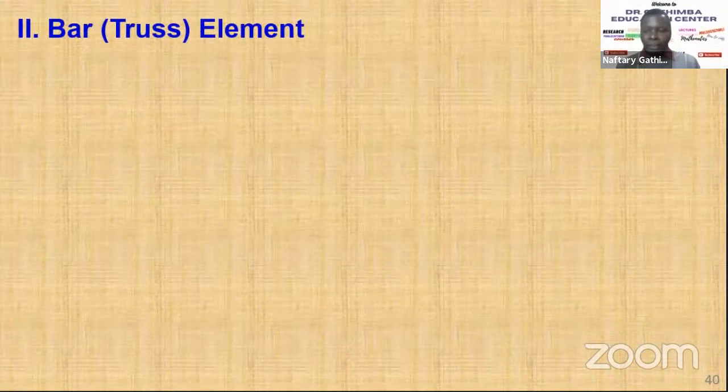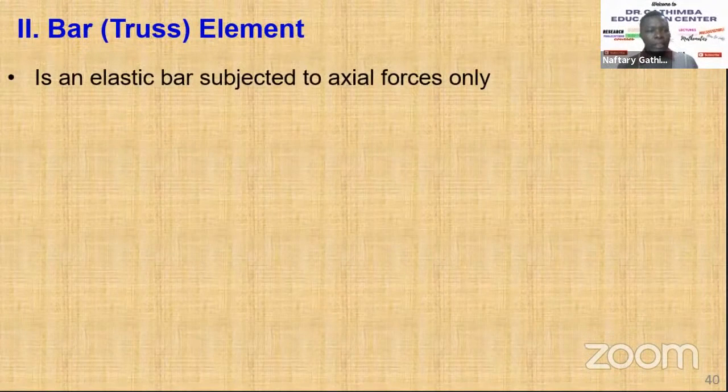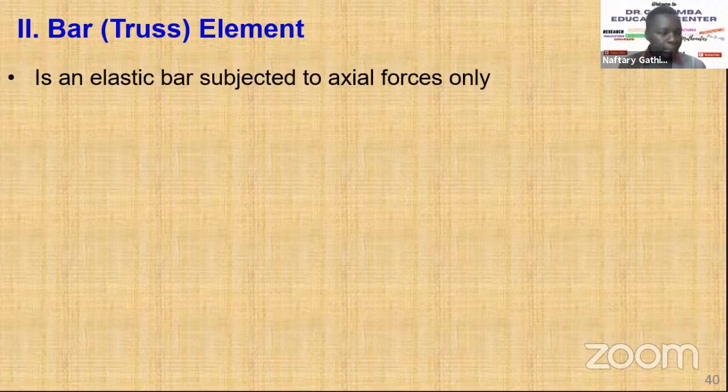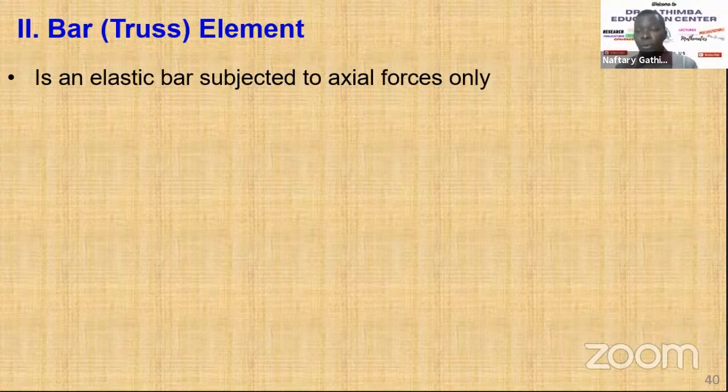So the bar element, what is this element? It's always called an elastic element. Elastic meaning obeying Hooke's law, that the applied force will always be proportional to the elongation or the deformation. Now, it's similar to the spring. That's why we started with the spring for ease of understanding.